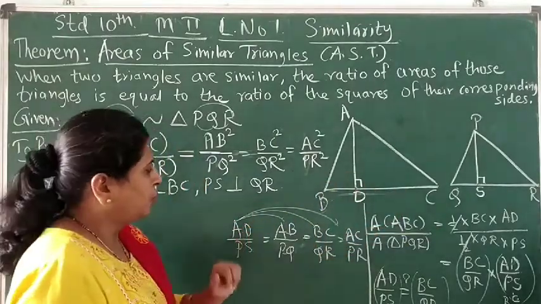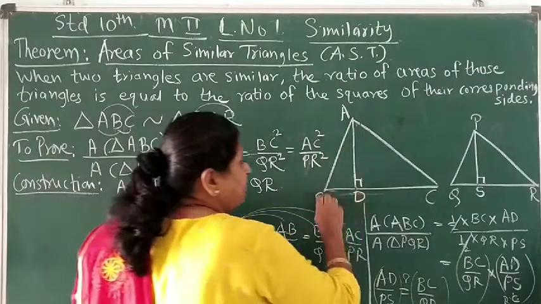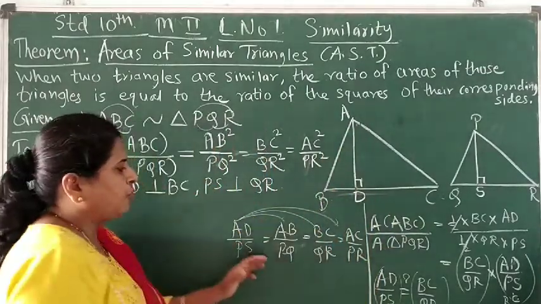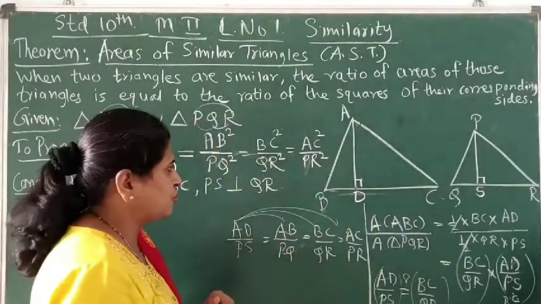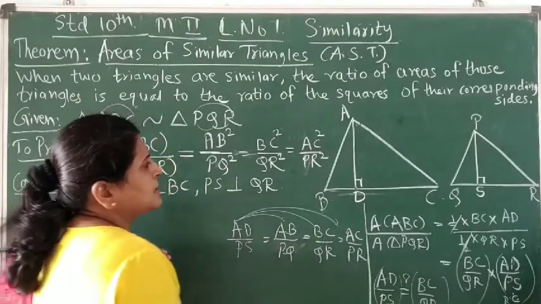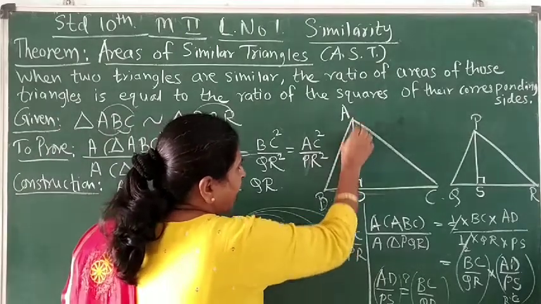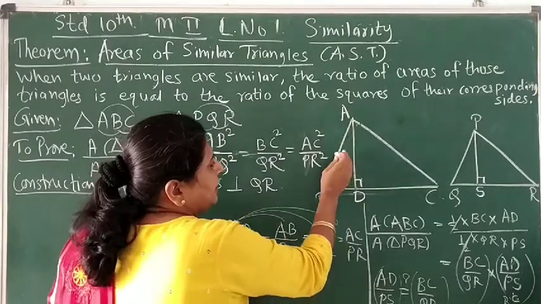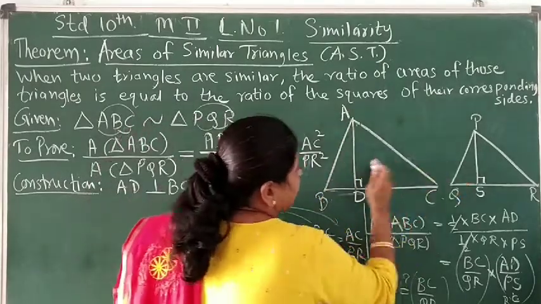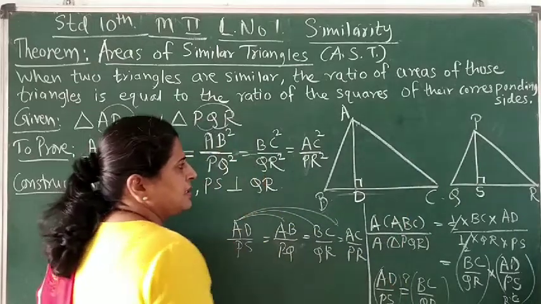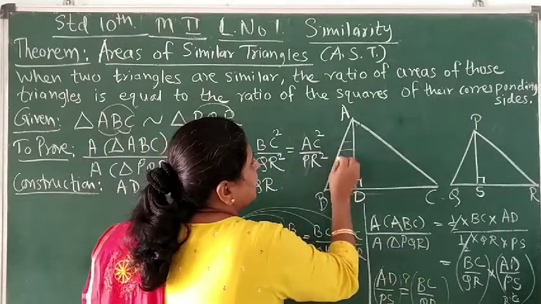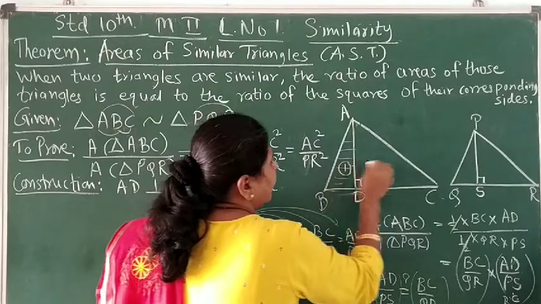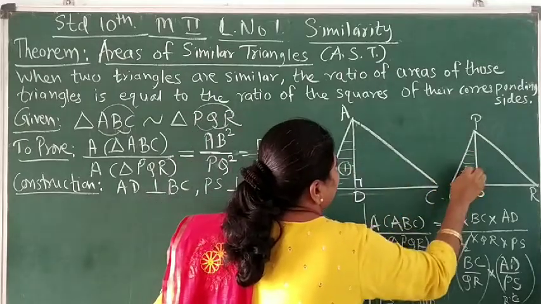Okay, so how to do it? As AD and BC are not in the same triangle, we have to think about the rest of the ratios also. So what can we do? Let's take a triangle where AD is one of the sides. Either we can select the left side triangles or the right side triangles, any one we can select. So we have selected this triangle as number 1 and this as triangle number 2.